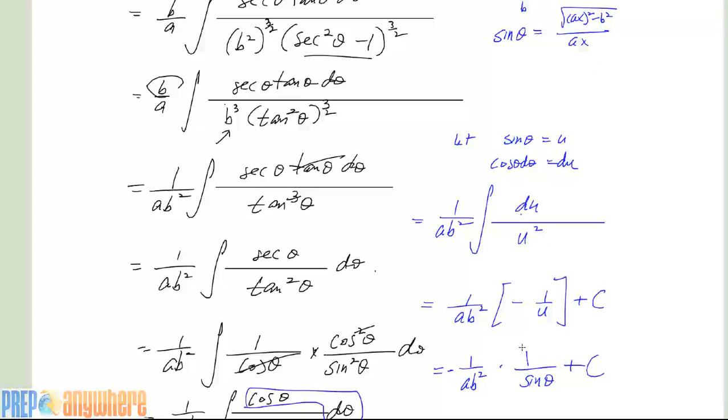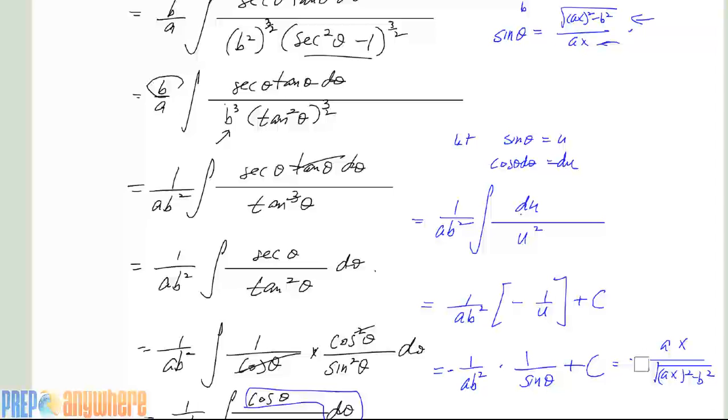So we have a 1 over sine, so let's put it as a reciprocal: ax over the square root of ax squared minus b squared.